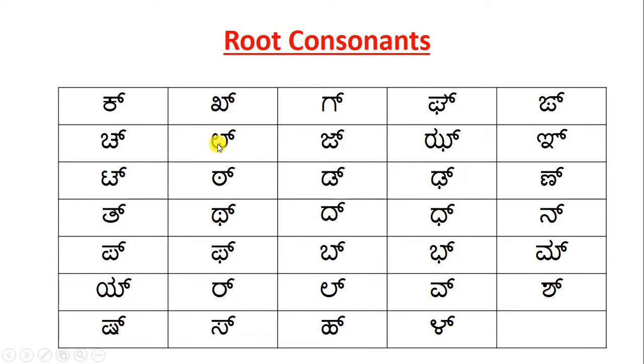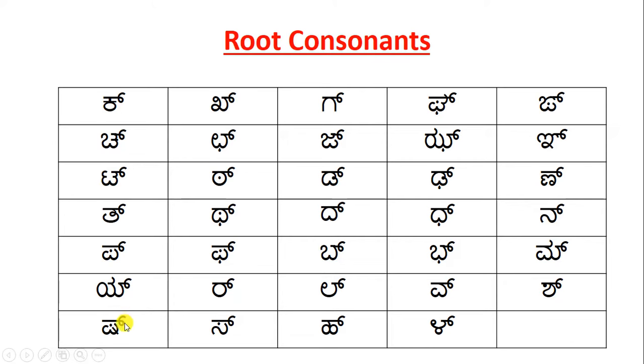Okay, so before we study about the consonants, we have to study about the root consonants. These consonants that you see on your screen are called root consonants. I'll tell you what a root consonant is later.